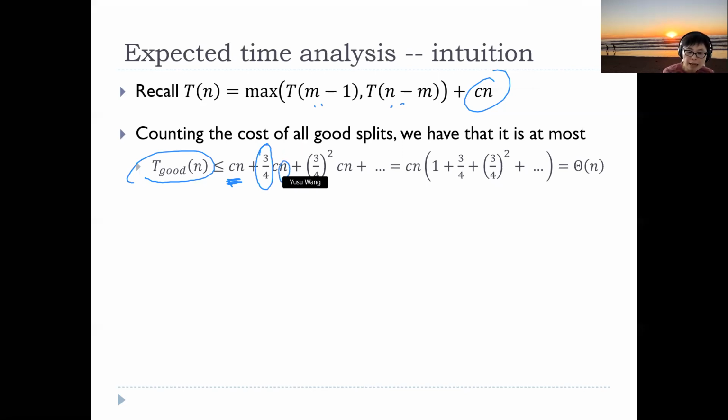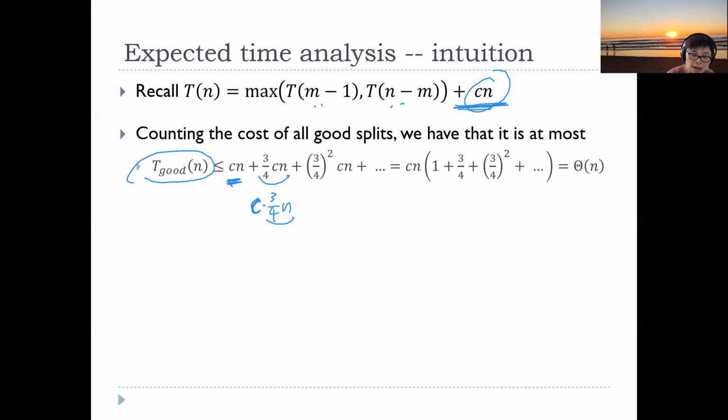So after the good split, the time to run partition in the recursive call is at most C times 3/4 n.